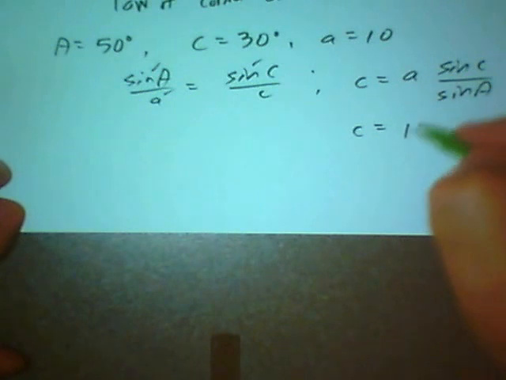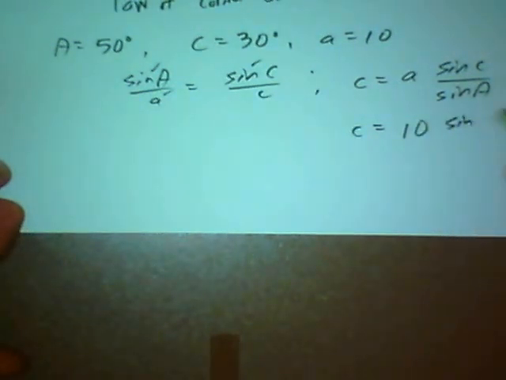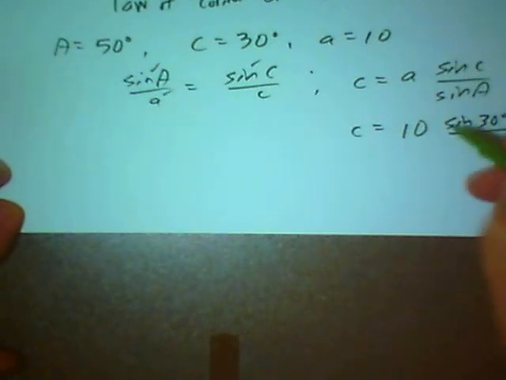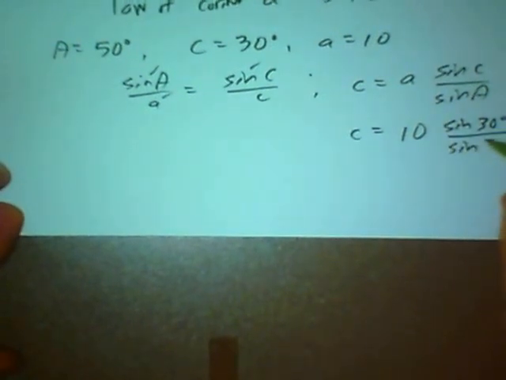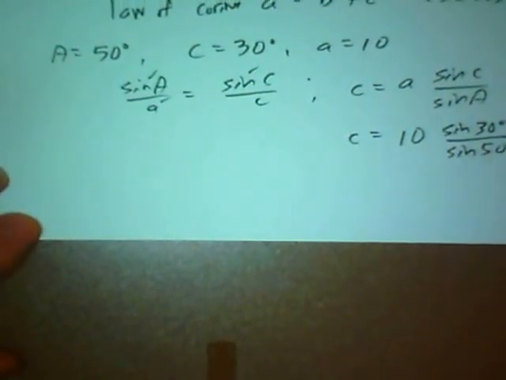A is 10, sine of C, which is sine of 30 degrees, over the sine of A. So if I grab my calculator, sine divided by 50, sine.